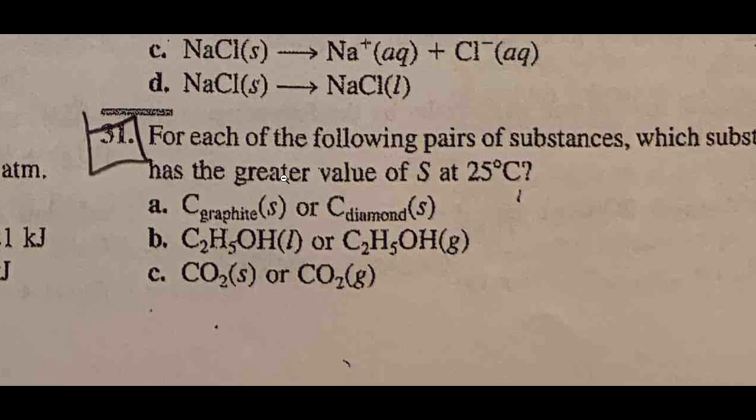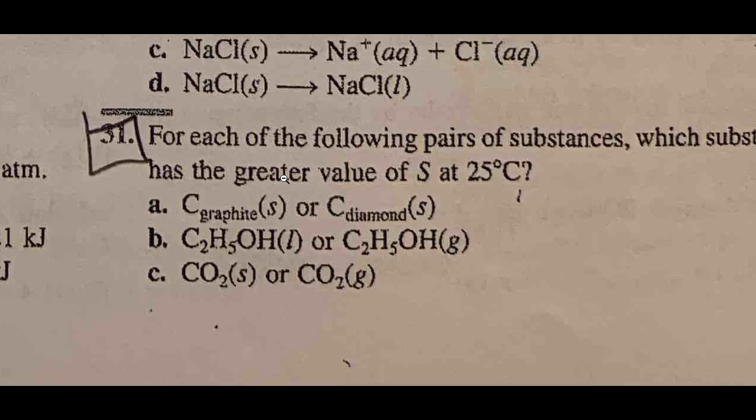It's a layered solid, which normally would be very low in entropy. And it is very low in entropy, but a diamond is a crystalline carbon solid. A crystalline solid is extremely low in entropy. Crystalline solids will normally be extremely low in entropy.